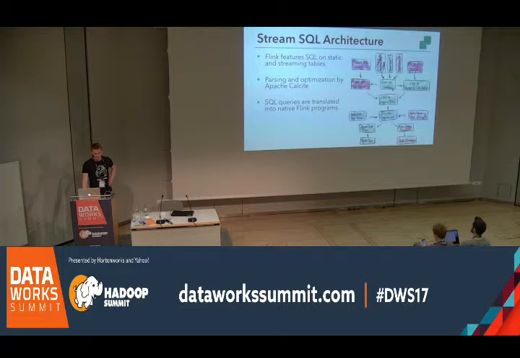Now, as you've seen how we can specify stream SQL queries, how is this actually realized within Flink? To parse and validate the stream SQL queries, we use the Calcite project.